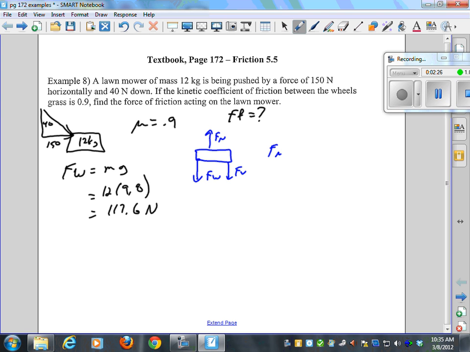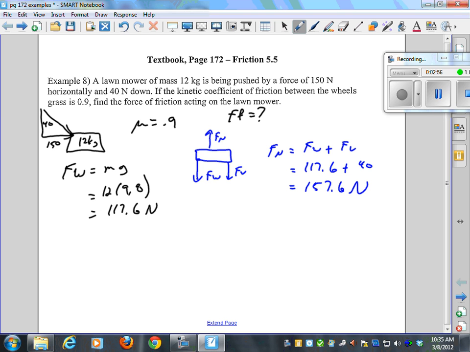So my normal force is equal to my weight force plus the vertical component. In this particular case, it's 117.6, and I have to add the 40 additional newtons that this poor person is pushing down on as well. So I get 157.6 newtons of normal force.